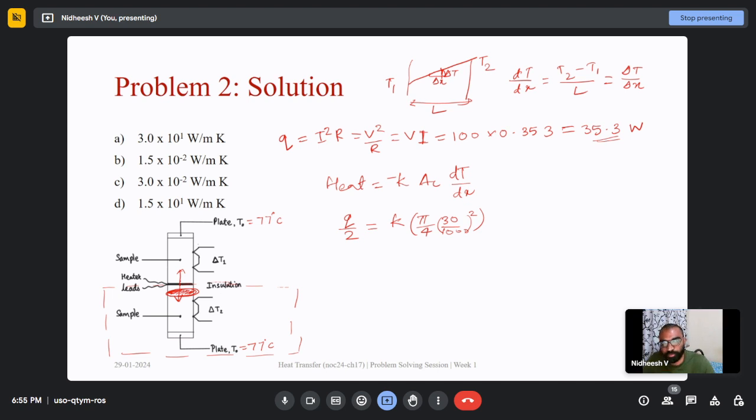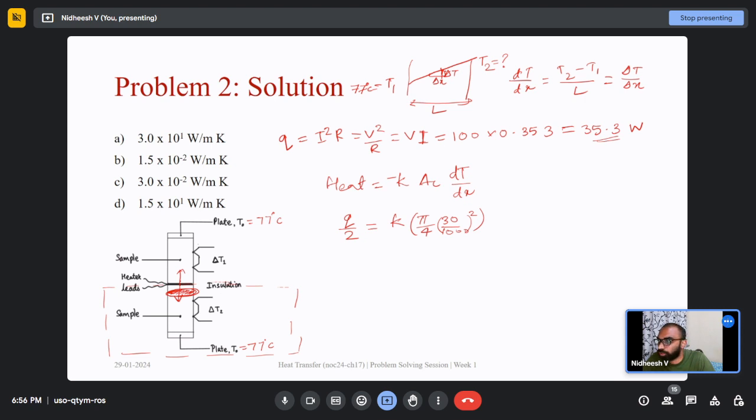Say T1 equal to 77 degrees Celsius. T2 is not given to us. What was this 25? 25 was not T1. It was a delta T somewhere in between.